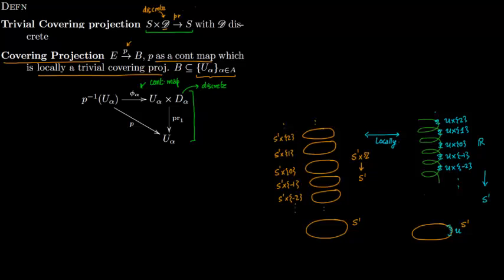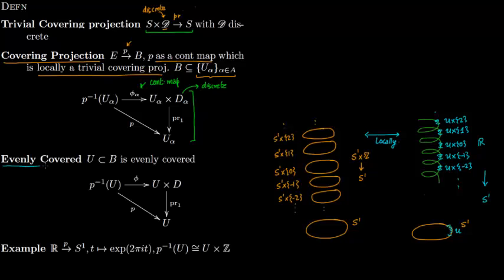Another thing is evenly covered in the definition. In this evenly covered, you talk about a subset of the base space. A subset U of the base space B is evenly covered. So instead of U alpha above, we are just replacing U alpha above with U. For example, we have already drawn this from the real numbers to the circle.